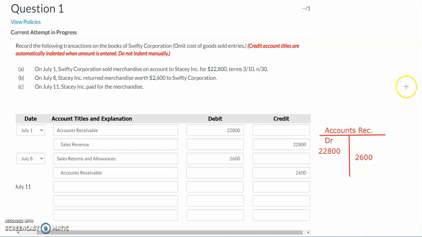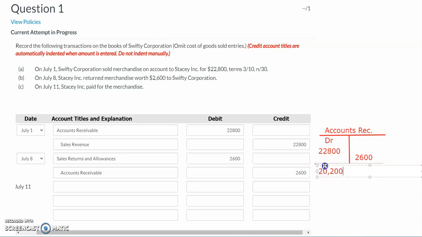So that means that our accounts receivable balance at this point in time is going to be determined by taking $22,800 minus $2,600. So we'll have a debit of $20,200.